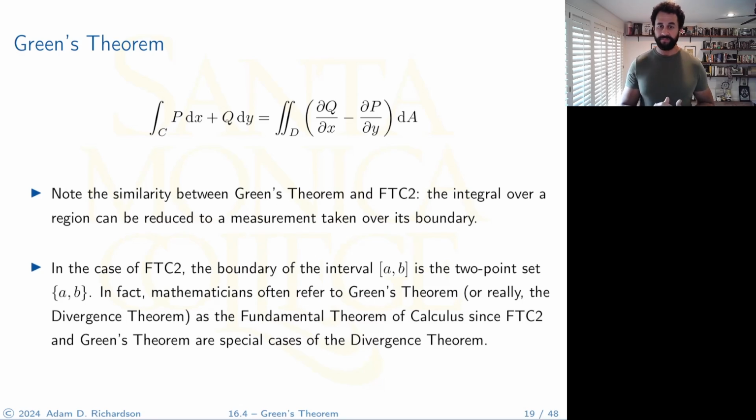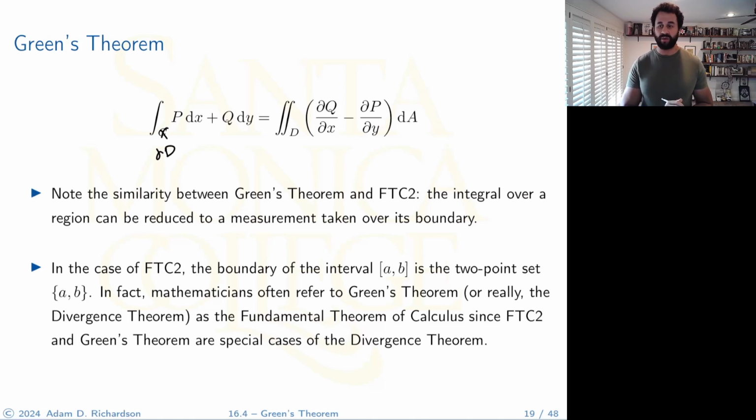Okay. One thing I want to point out is this, because this is why these results get even more beautiful the further along we go. There's a real similarity here between Green's theorem and FTC2. This is saying that the integral over a region can be reduced to measuring something over the boundary of the region. So see, I should have changed this to partial D. That's really what it is.